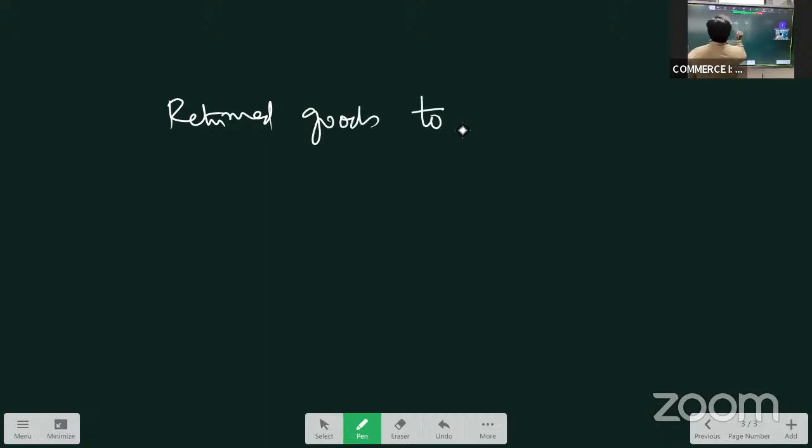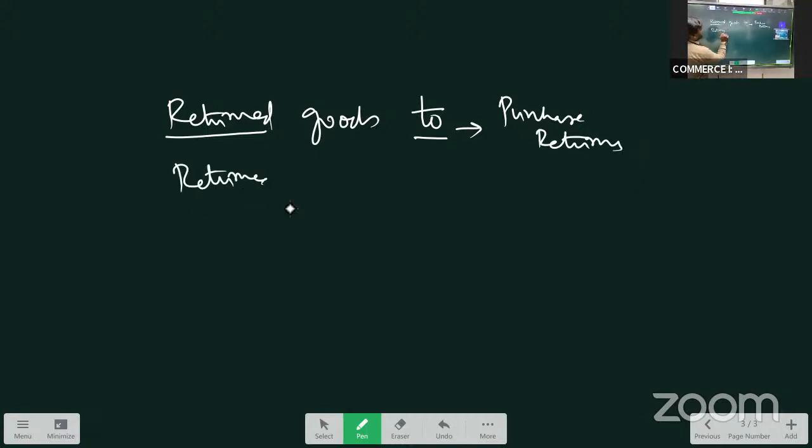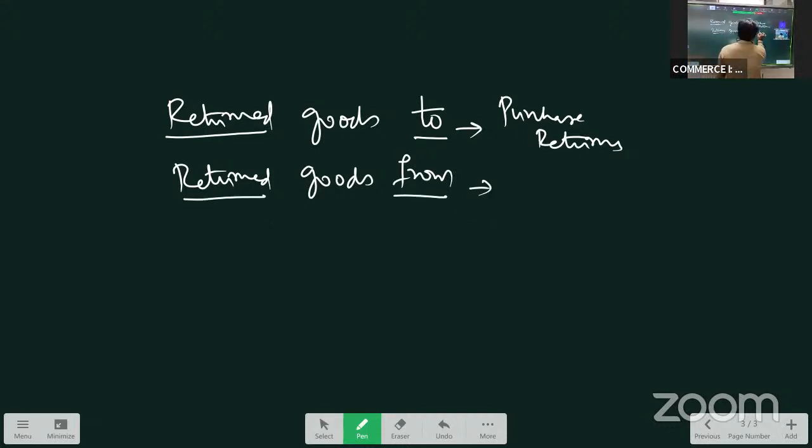If it is given as return and 2, then it becomes purchase returns. If it is given as return goods from, then it becomes sales return.